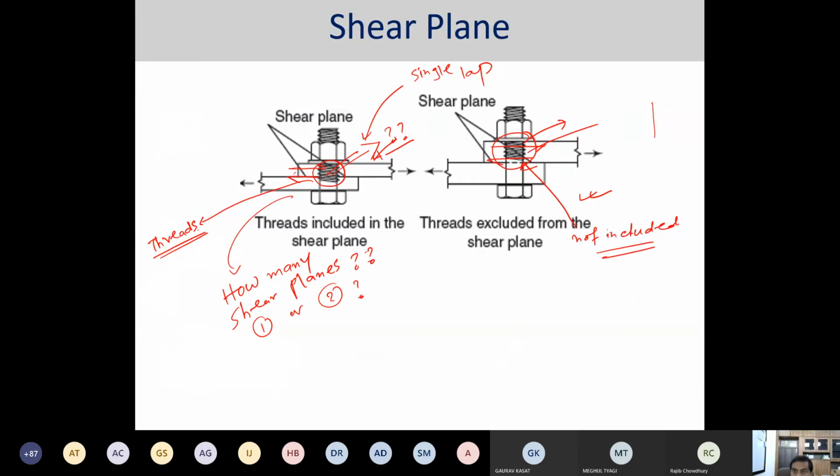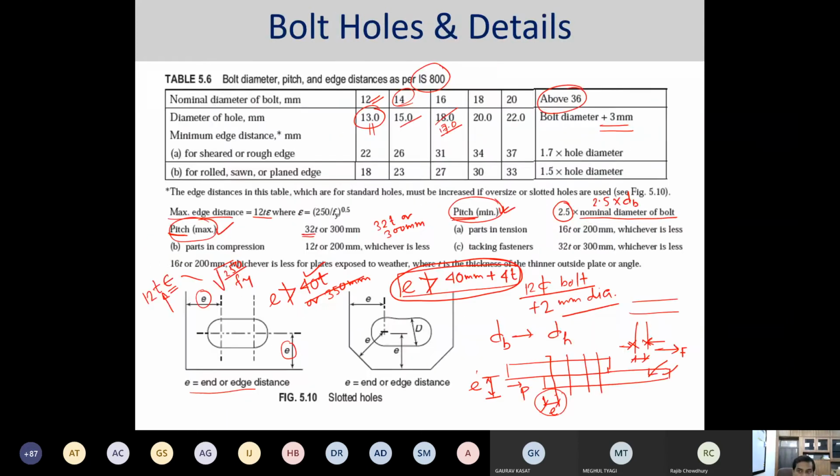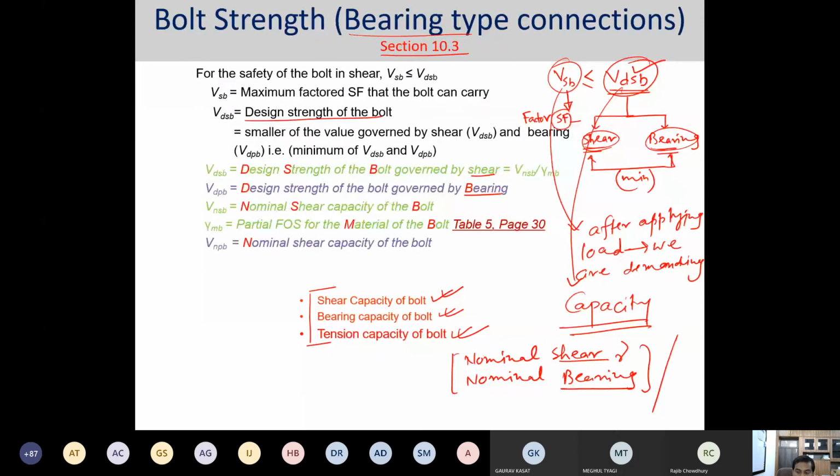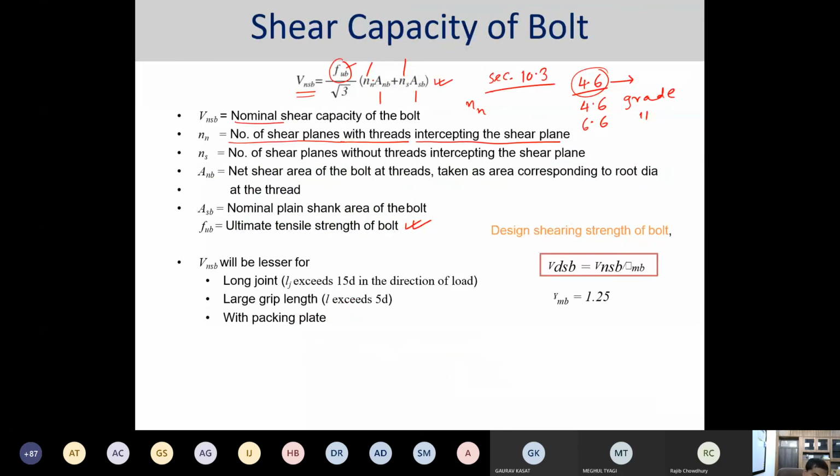Over here, this one is intercepting the shear plane, and the other one is not intercepting the shear plane. So NN stands for the number of shear planes where the threads intercept the shear plane. First you have to find how many shear planes there are, and from there how many you can find. Essentially, you have to identify the number of shear planes, nothing else.